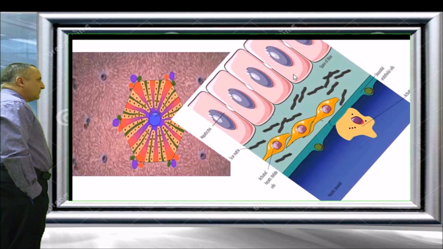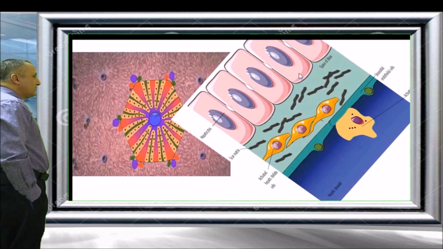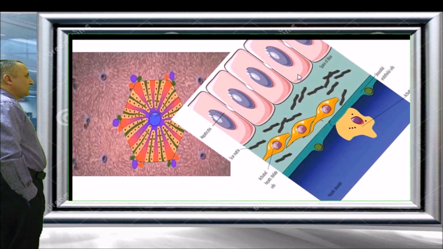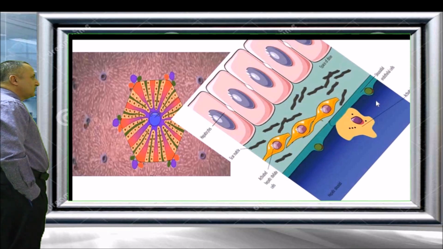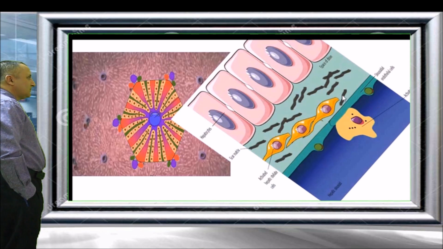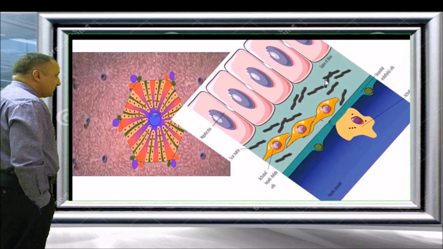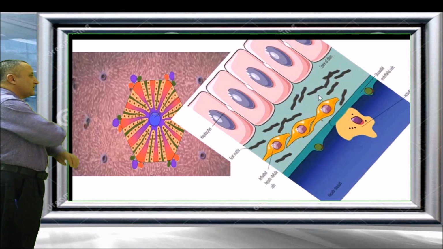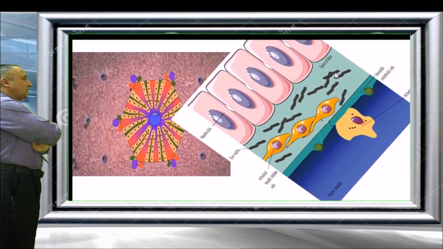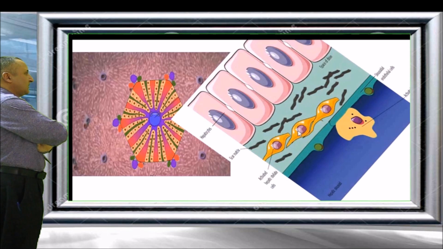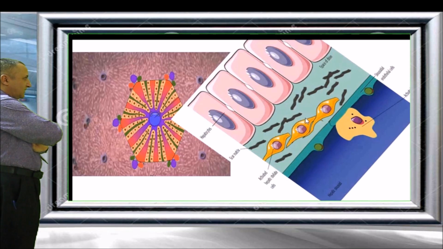So exchange of materials between the hepatocytes and the sinusoids occurs through the medium of the space of Disse, and this space of Disse contains the satellite cells, which are star-shaped cells.